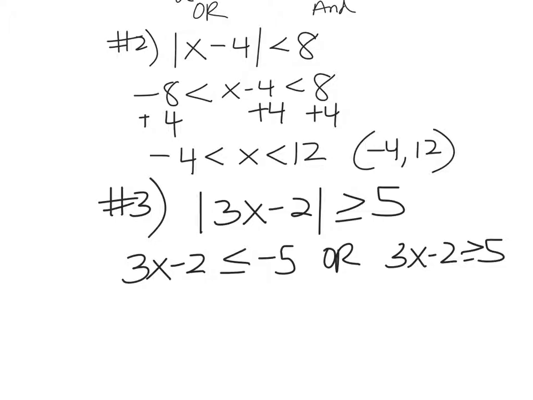Okay. A lot of people think that this, you just flip the sign because it's negative. You flip the sign when you're solving and you divide by a negative. Anyways, all right, add 2. 3x is less than or equal to negative 3. So x is less than or equal to negative 1.